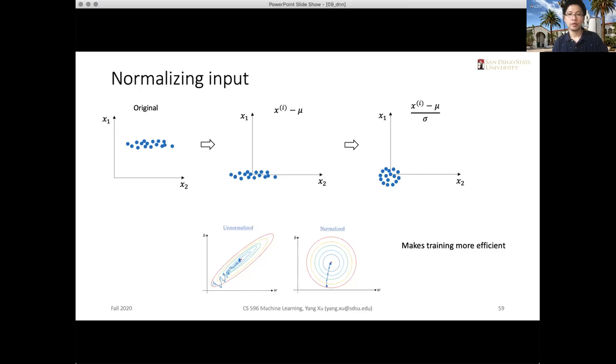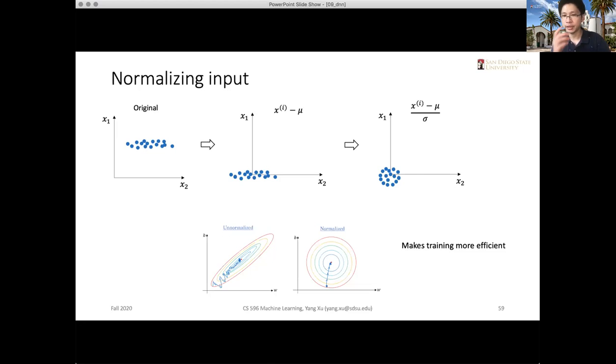But what if the contours are not regularly shaped? For example, on the left, it's a very long, narrow belt. Then the contours may point to directions that make more zigzags in the path from the starting point to the theoretical minimum. That will require basically more iterations in your gradient descent step. Okay? So this is the normalization for the inputs.